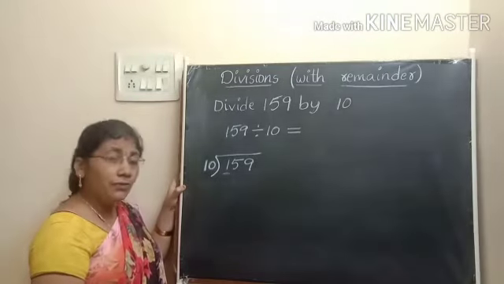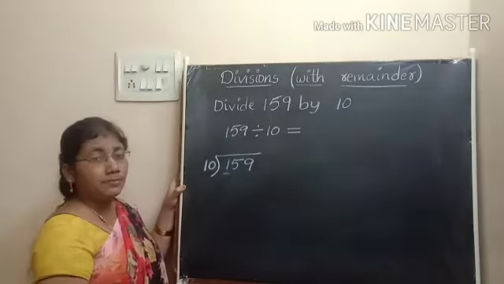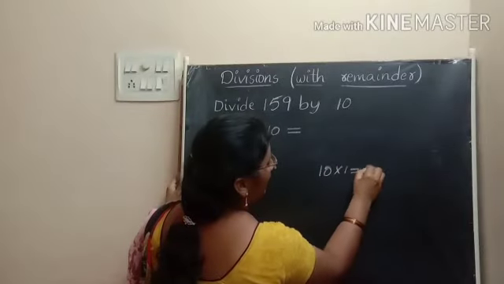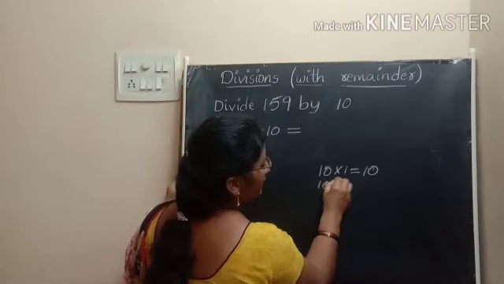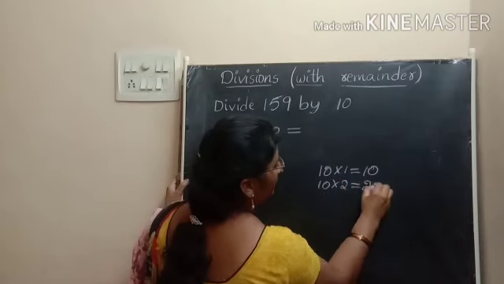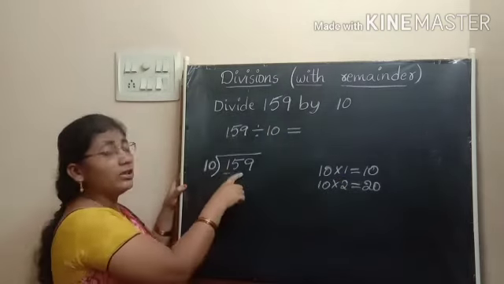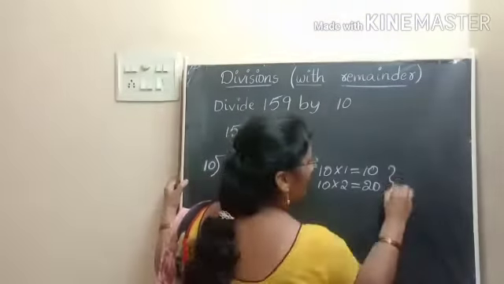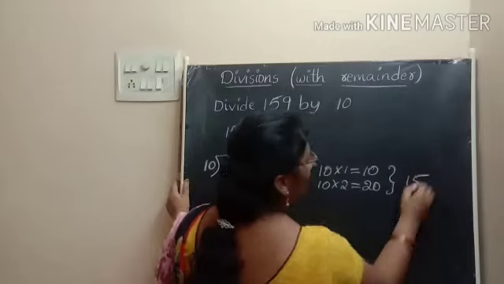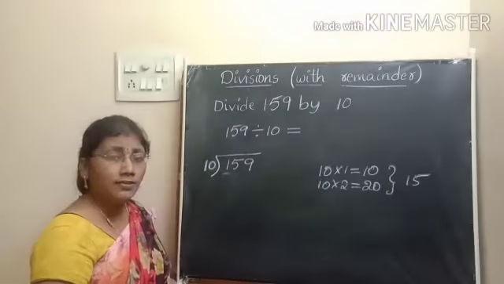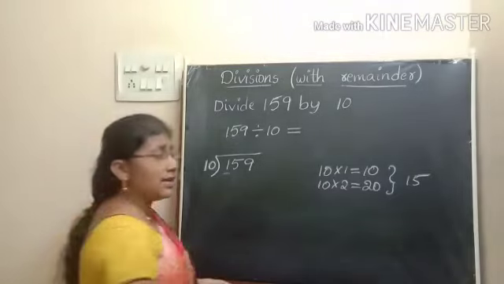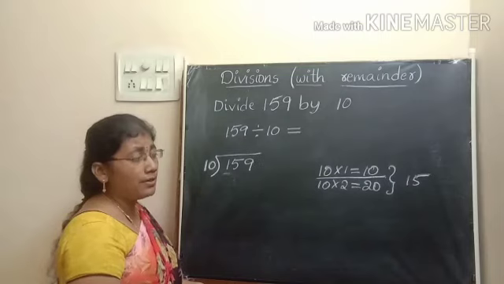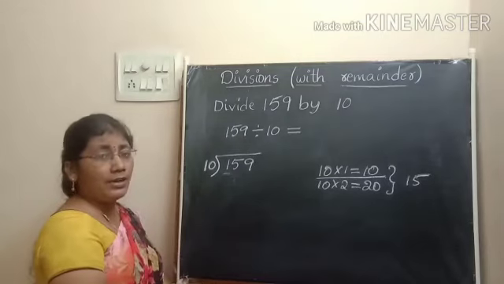To get 15, we should use the 10 table. 10 ones are 10, 10 twos are 20. But we need 15. There is no 15. 15 is between 10 and 20. But we should always take the before number for the required number.